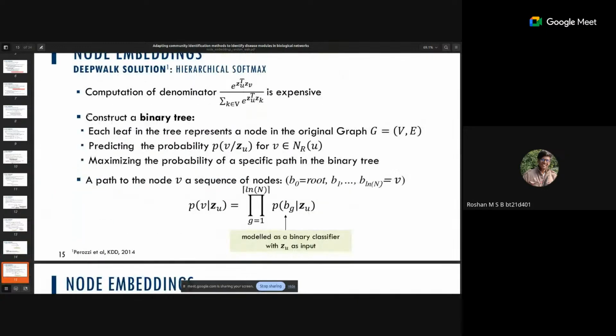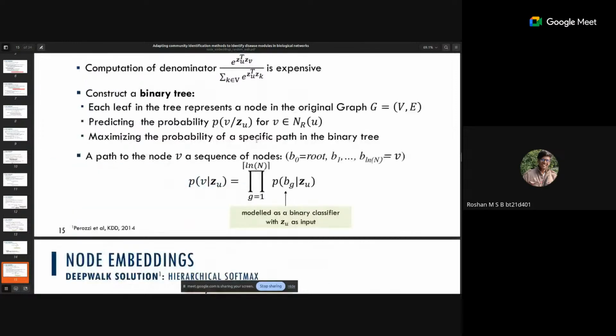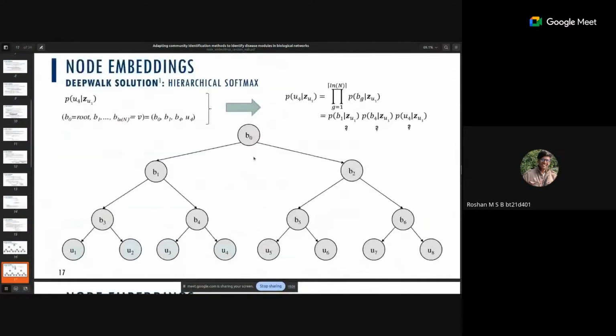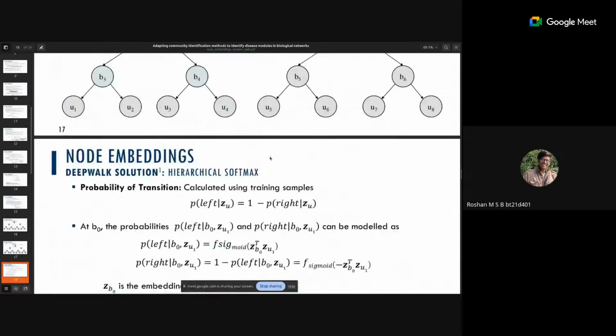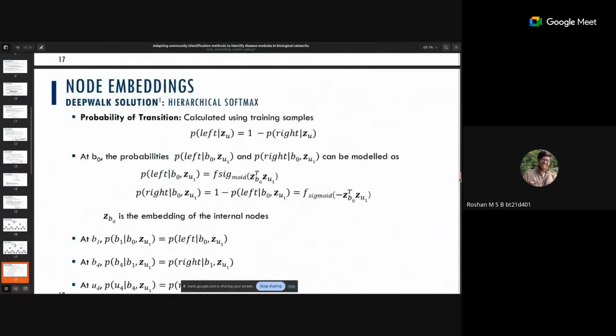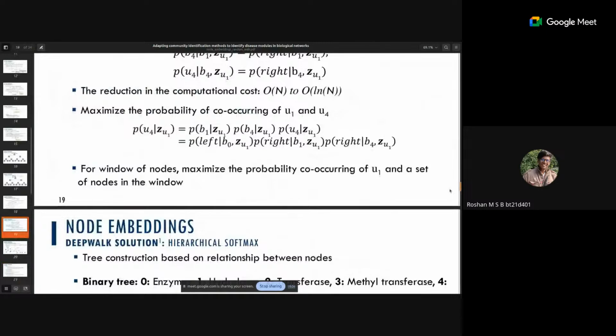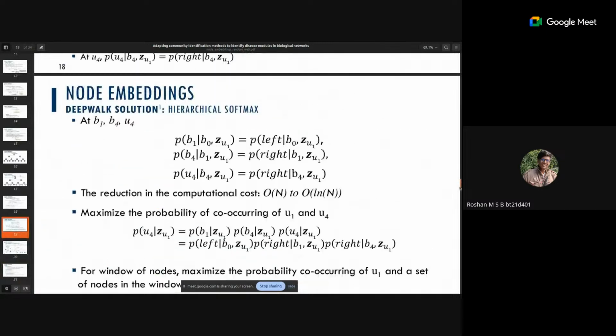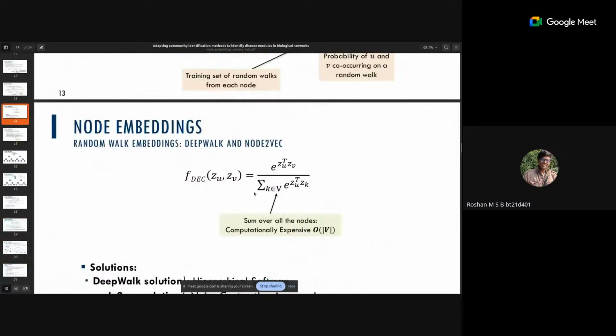You don't need to go into the details of how the hierarchical softmax and noise contrastive approach work, but it's better if you just know the decoder function and why this operation is very expensive to do.